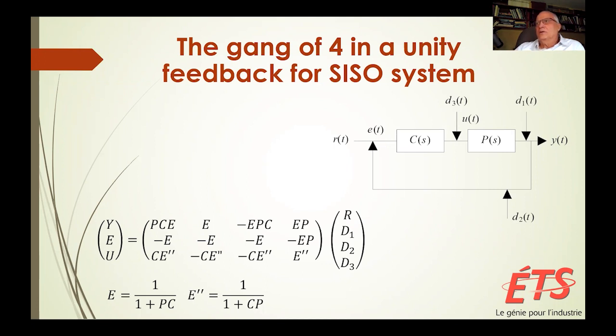And when we look at this, at least on a SISO system, we have 4 transmissions that you have to tune in order to improve. That means what you would like to have is Y equals R, that means direct link, or closed loop equals 1. And for the others, we'd like to attenuate the transmission to D1, D2, D3 as much as possible.